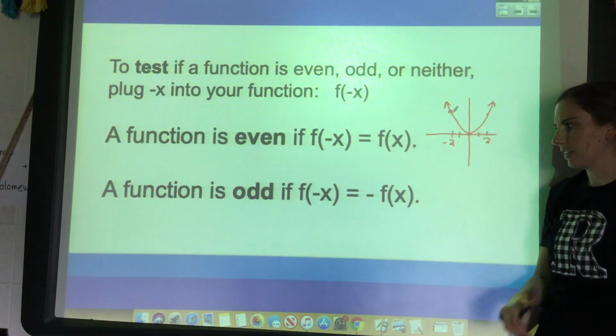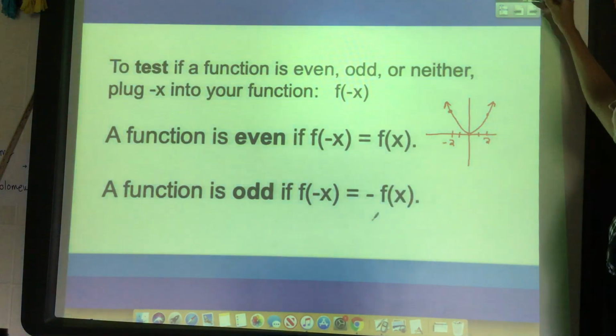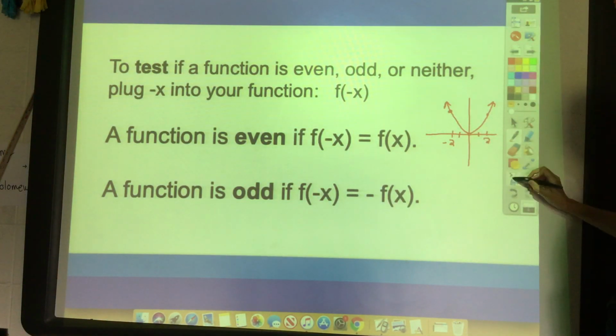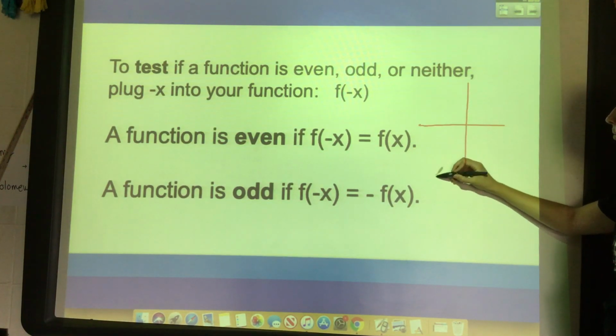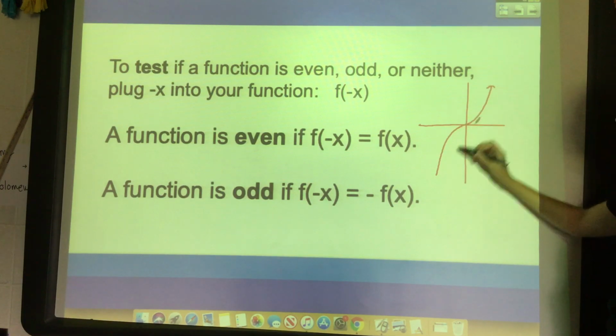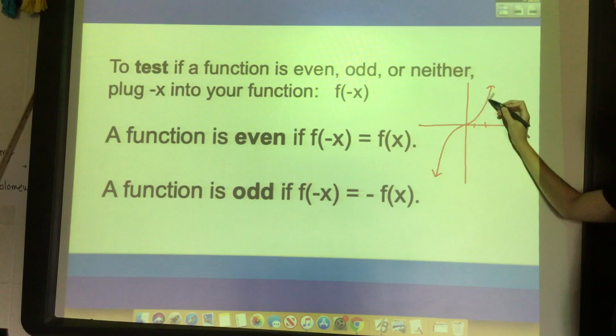With odd functions, if you plug in a negative value, like let's think about x cubed. X cubed looks like this. It's an odd function. If I were to plug in a 2, I would get out 8.